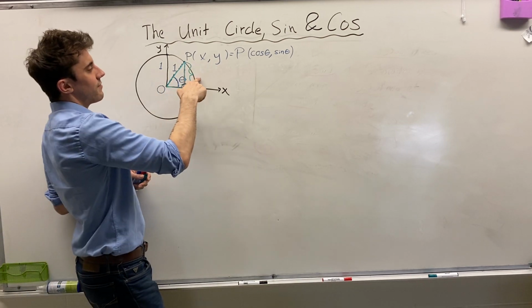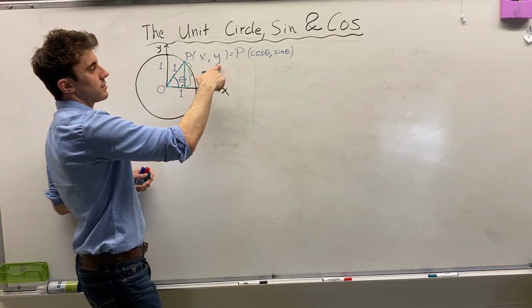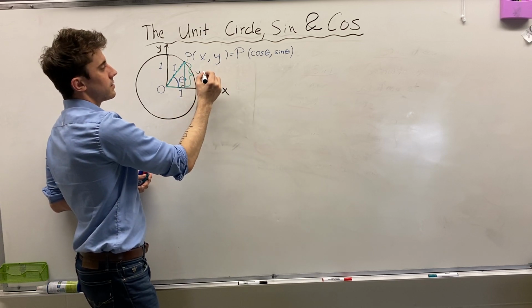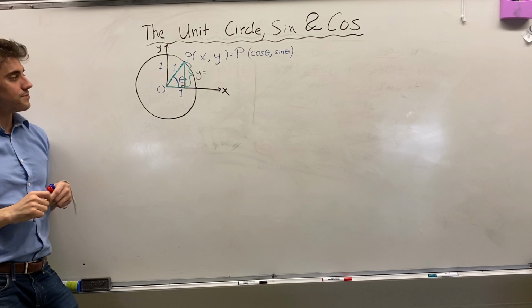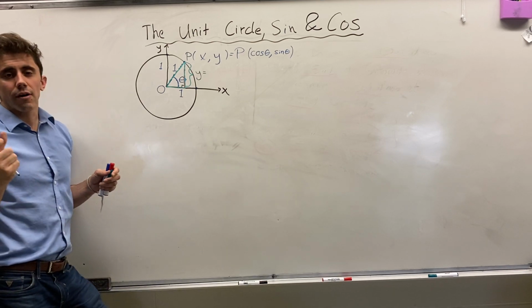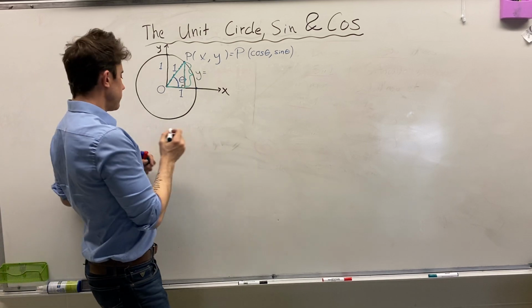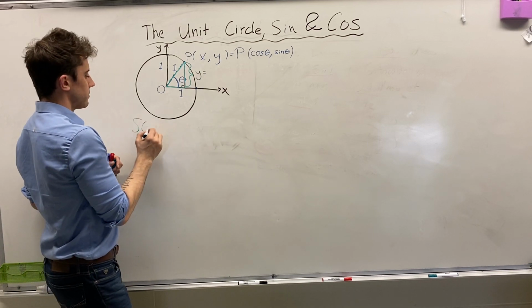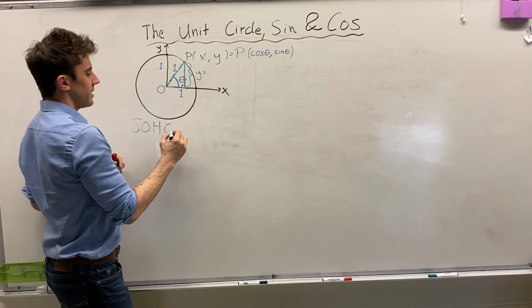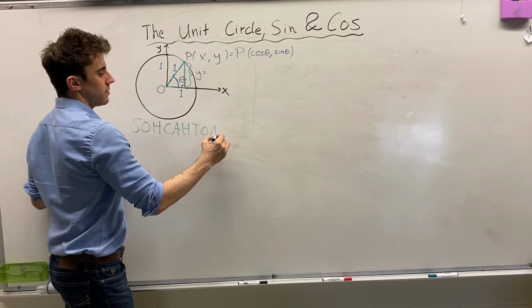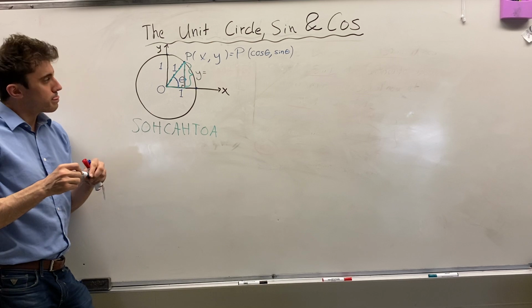And so if this height is our y-coordinate of point P, I'll write that as y equals, then if we use our old grade 10 math trigonometry of SOHCAHTOA, I'll jot that down to refresh your memory in case it's gone away a little bit.